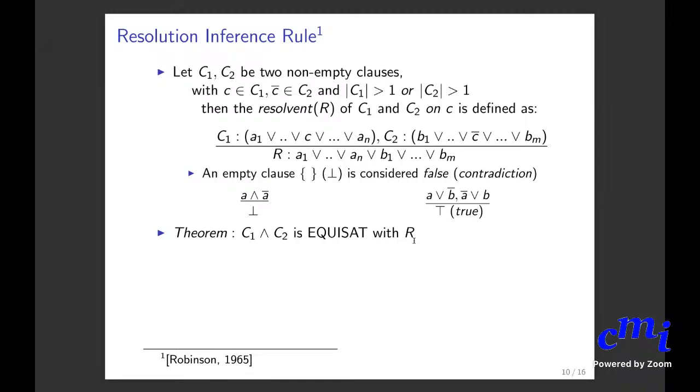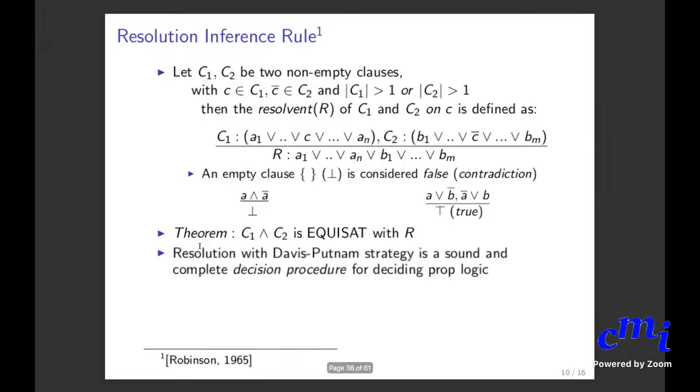If in the process you end up getting a contradiction, then the original set of formulas is obviously not satisfiable, due to this theorem. If you have exhausted all possible ways of generating resolvents, because there can only be finitely many resolvents since there are only finitely many literals in any given formula, then you can declare that it is satisfiable.